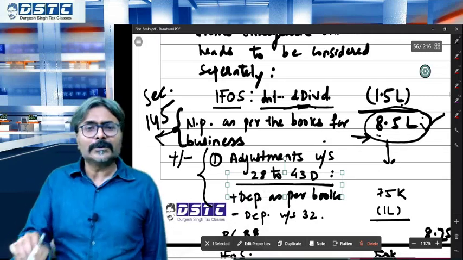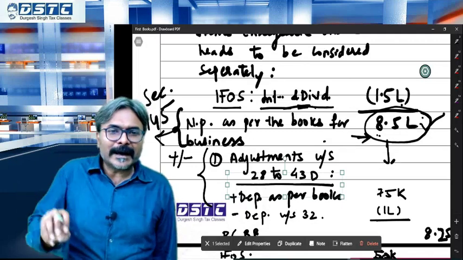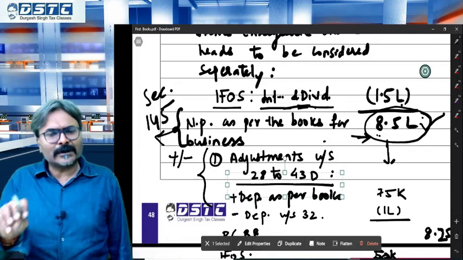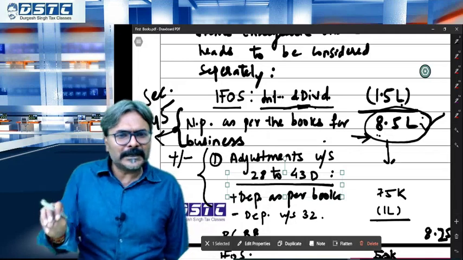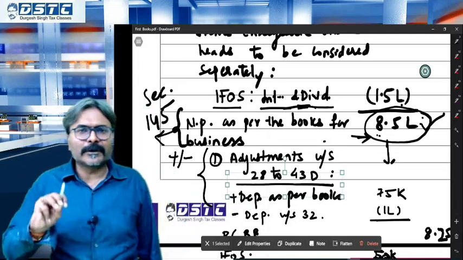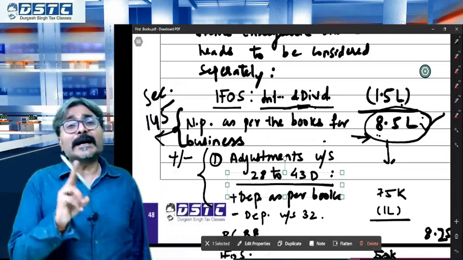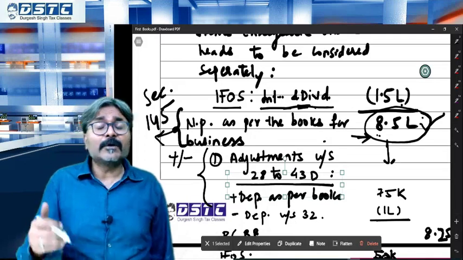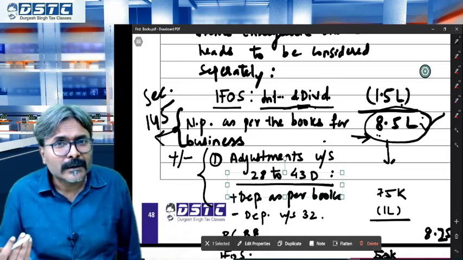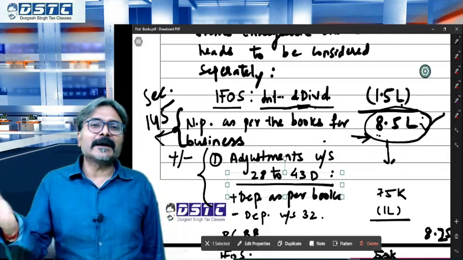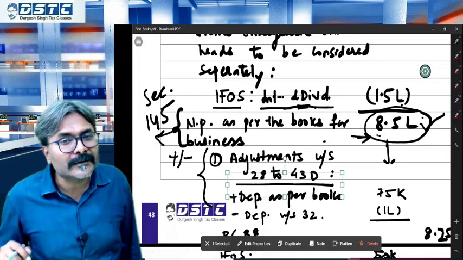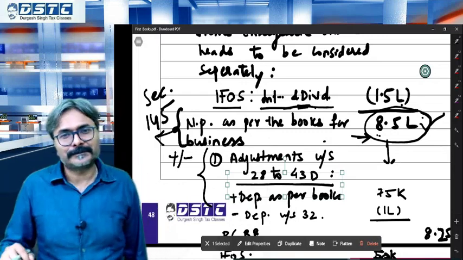And then what do you do? Give the adjustments. And in the series of adjustments of the head PGBP from 28 to 43D, mark my words, we don't have any provision which disqualifies or disallows this expenditure, or sorry, this loss.